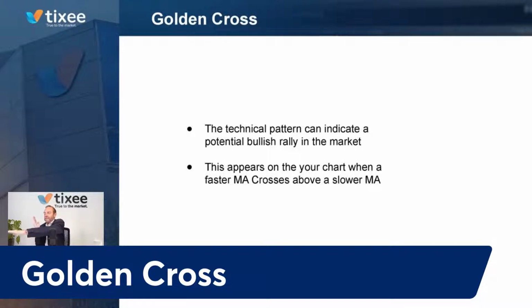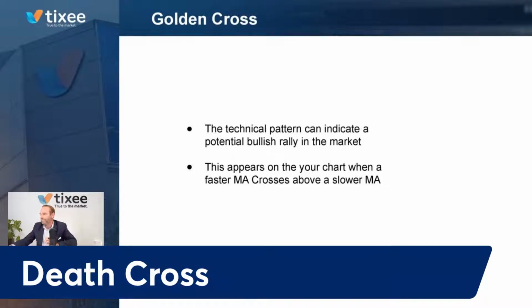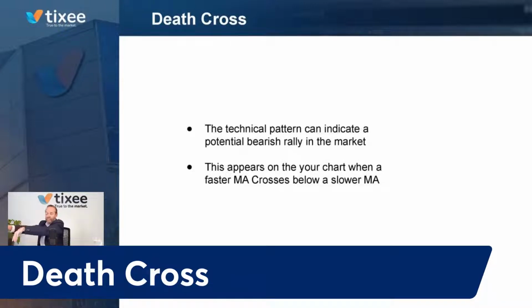So a 10 and the 5 moves above it. That's the golden cross. The other one is known as the death cross. And surprise, surprise, it's the opposite. This is when the faster MA, or the smaller MA, crosses below the slower MA. So say the 5 goes below the 10 MA. That's known as a death cross.